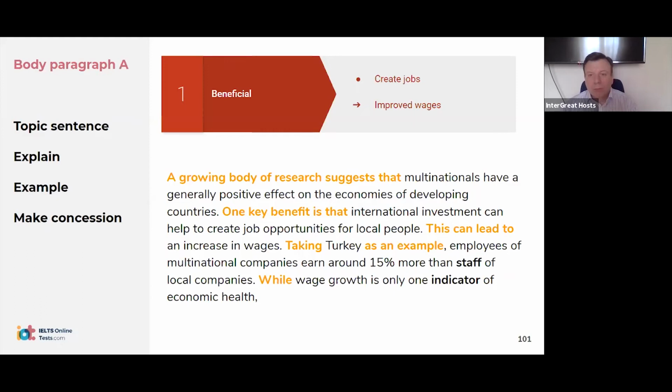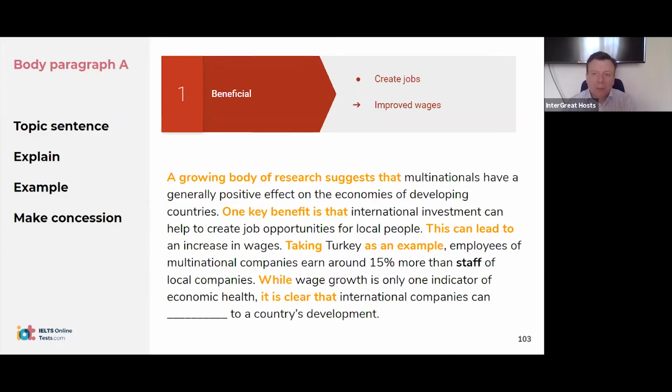Okay, so indicator of economic health. It is clear that international companies can contribute to a country's development. Now remember, it's a concession.